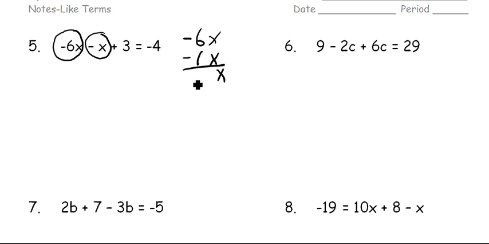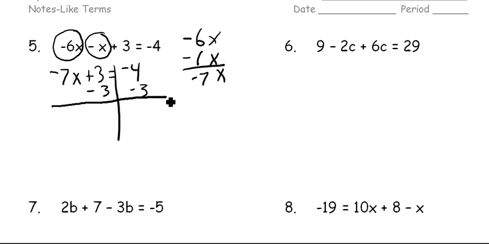Negative 6 minus 1 is negative 7. So we have negative 7x plus 3 equals negative 4. We're going to subtract 3 from both sides. So 3 minus 3 is 0. We don't need to write that. We can bring down our negative 7x. Negative 4 minus 3 is negative 7.